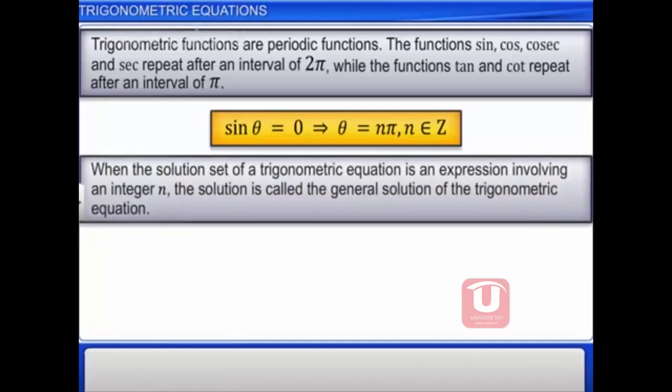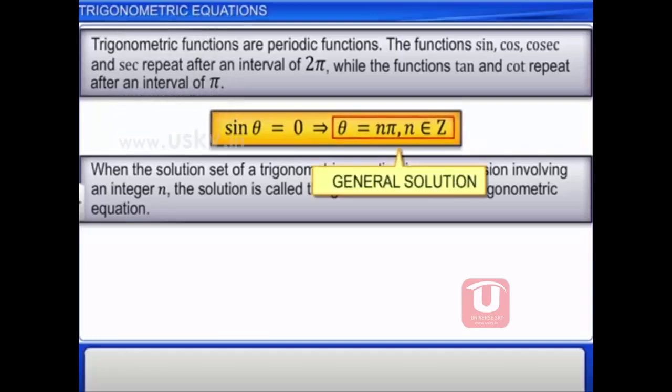When the solution set of a trigonometric equation is an expression involving an integer n, such a type of solution is called the general solution of the trigonometric equation. In this case, theta is equal to n pi is the general solution of the trigonometric function sin theta is equal to 0.